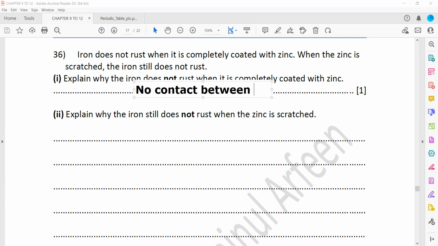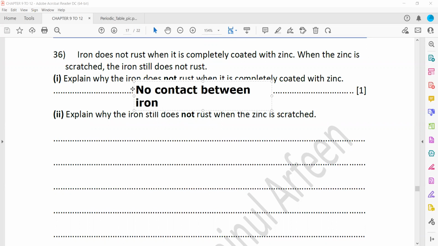Is iron the only metal that reacts with air among the transition elements? No, there are other elements as well. This happens for copper as well. Maybe you have seen, if you leave copper metal for a very long time, there is a green layer on the surface. The problem with iron is that when iron rusts, its strength decreases.